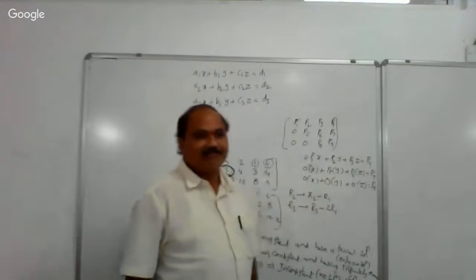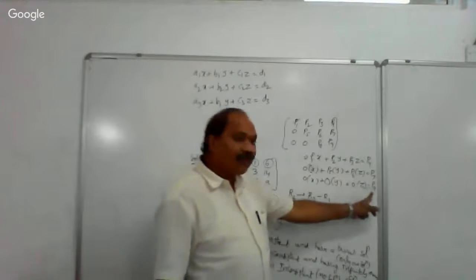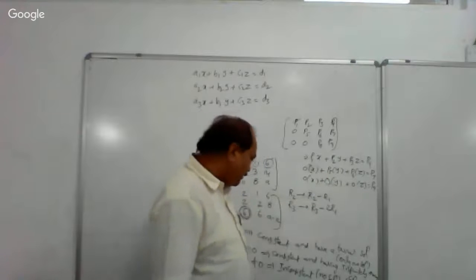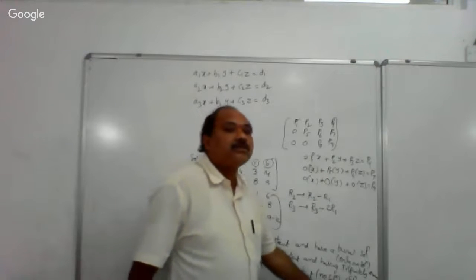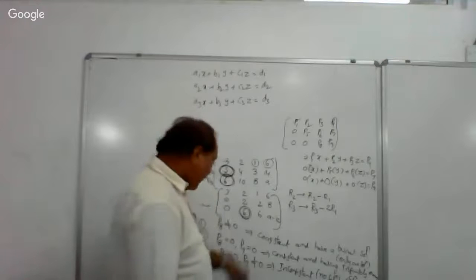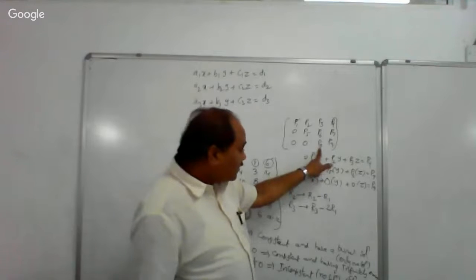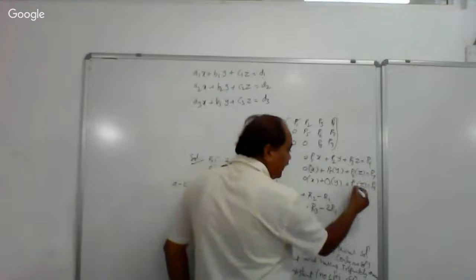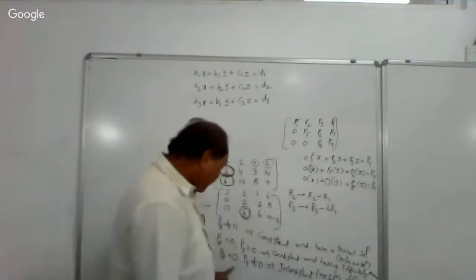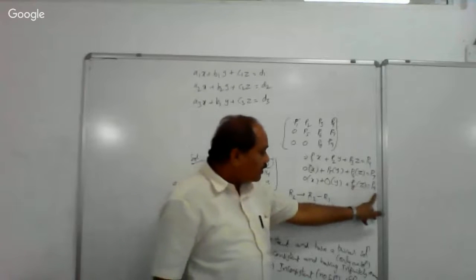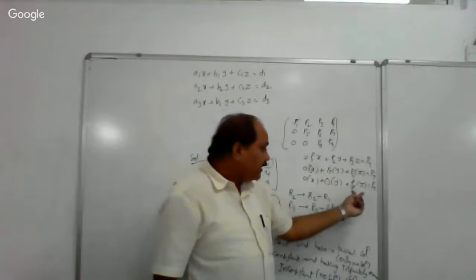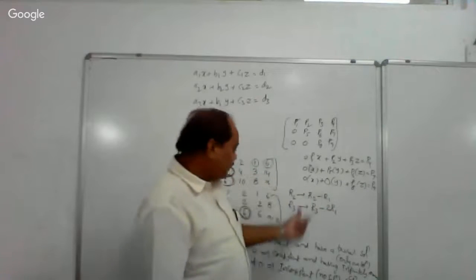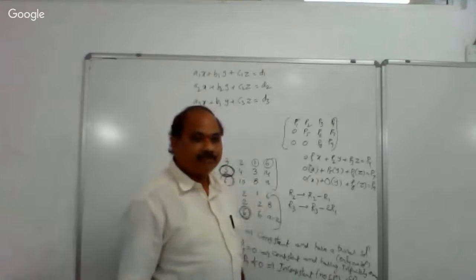Is it possible? 0 equal to, suppose it is 5. 0 equal to 5, is it correct? Means for that type of equations, there is no solution. That's why, if P8 equal to 0 and P9 is non-zero, we are getting 0 equal to non-zero. That is a meaningless statement. That's why the system has no solution.